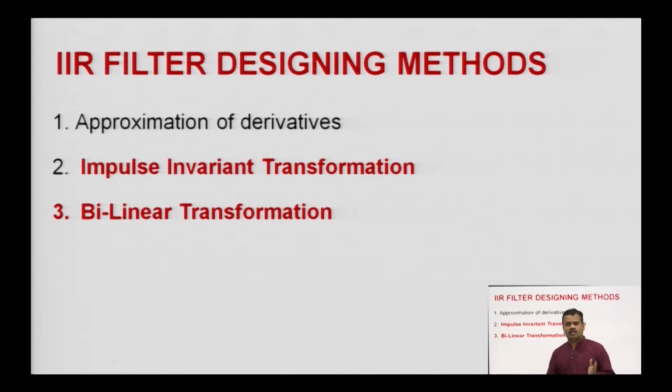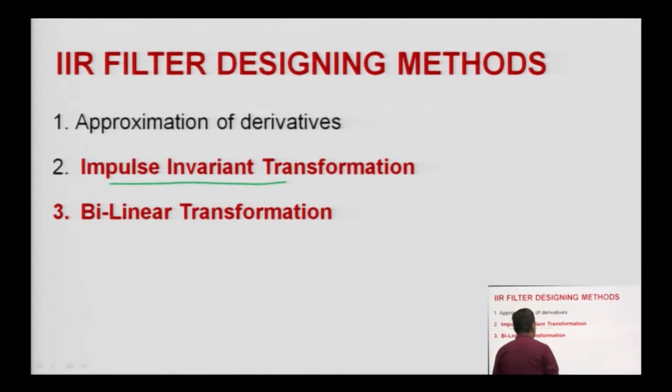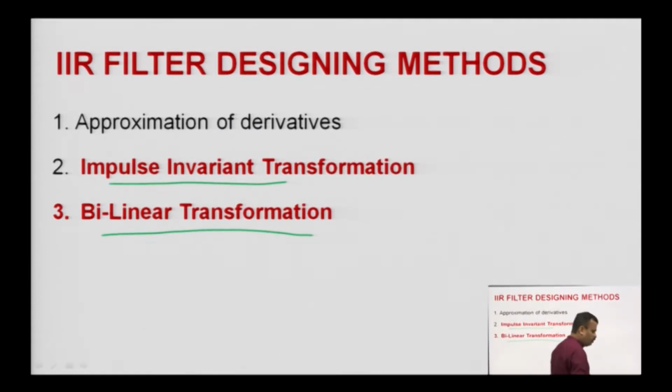You convert H(s) into H(z) by simply putting s equal to (1 minus z inverse) upon T. I also told the basic concept of the impulse invariant transformation method, how you design the digital filter in this method, and gave some overview of the bilinear transformation method. But in this video lecture, I will concentrate only on the impulse invariant transformation method.